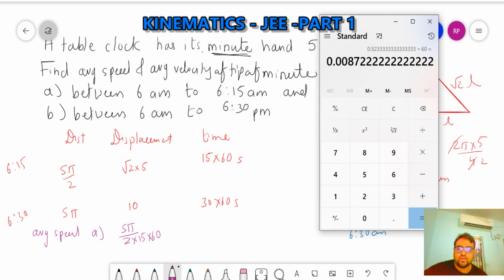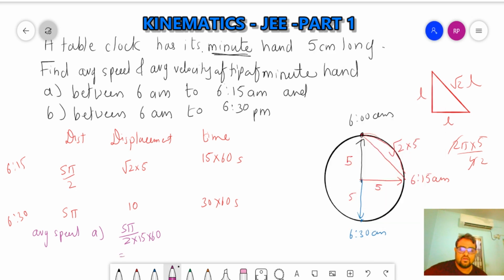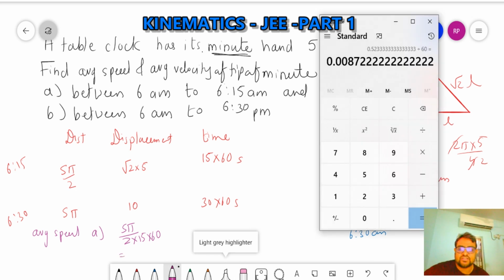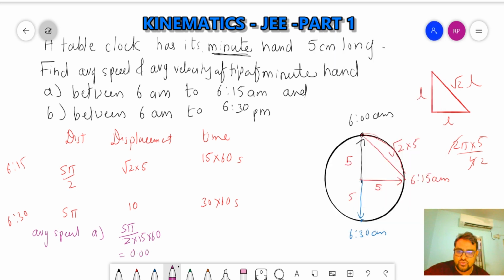So this is 0.00872, so 0.0087 centimeter per second. This will be equal to 8.7 into 10 raised to minus 3 centimeter per second. This is the average speed for A.